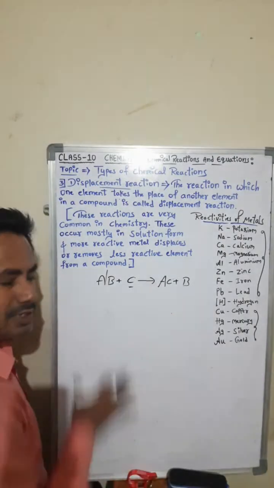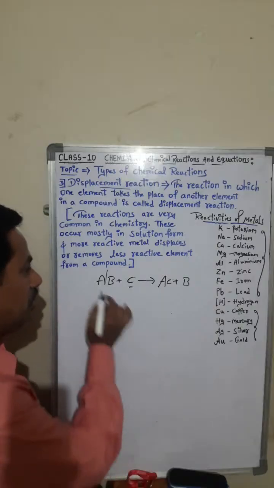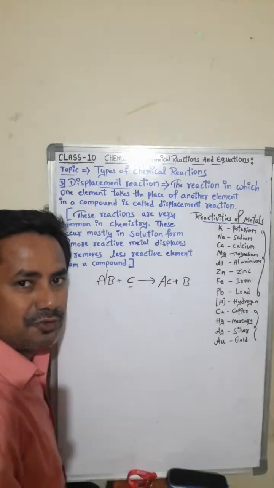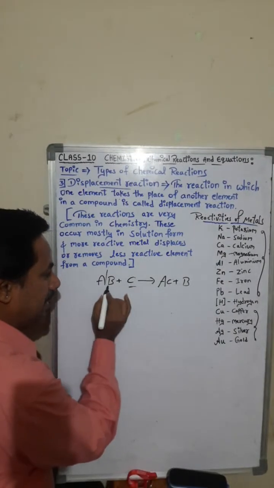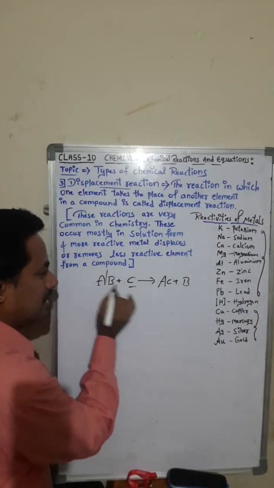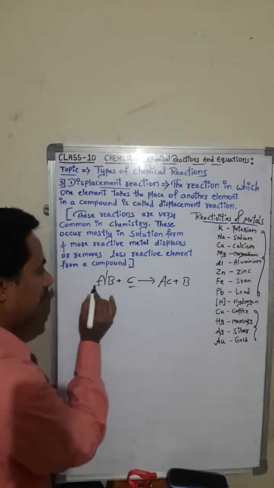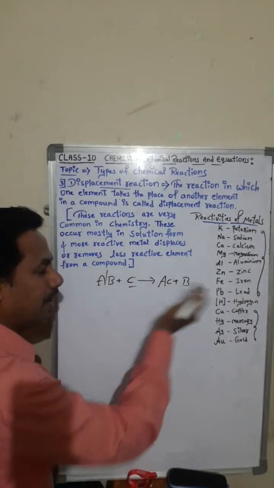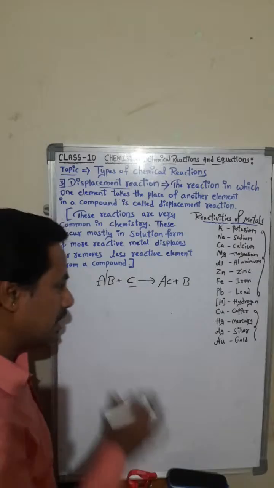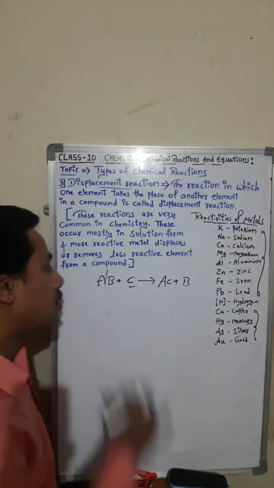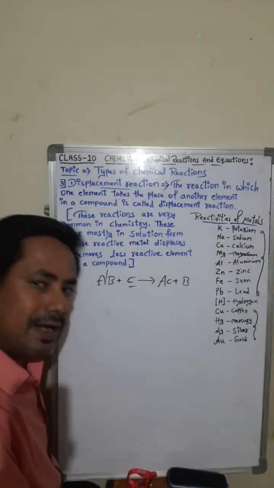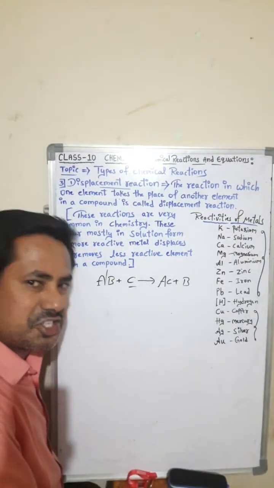So this is just an example of displacement reaction, for your understanding. Why does this element fuse with this one? Element combined with A and B, why is it separated? That is what we are going to study in this chapter. Why does displacement take place? What do you mean by displacement? Let's begin today's session, students.